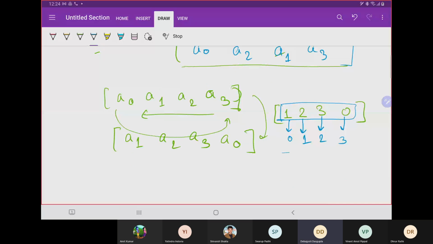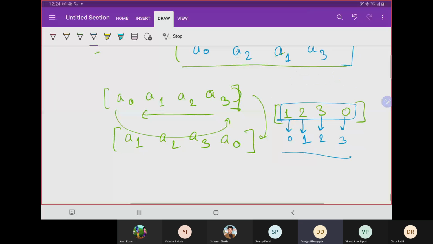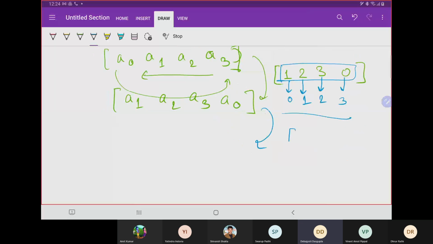So you get the gist of how left shift was operated when we applied the permutation. When you are given a permutation, these are basically the final positions of the elements. Now if you apply 1, 2, 3, 0 one more time, your first element will be A2, then A3 to the second position, A0 to the third position, and A1 to the last position.